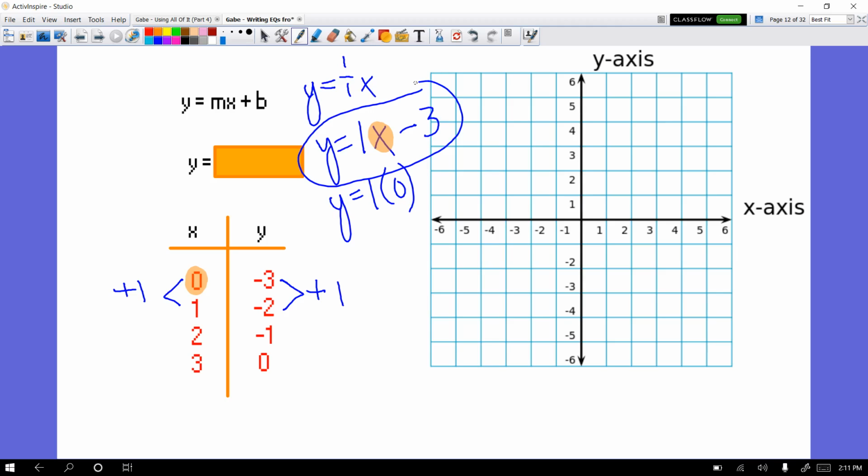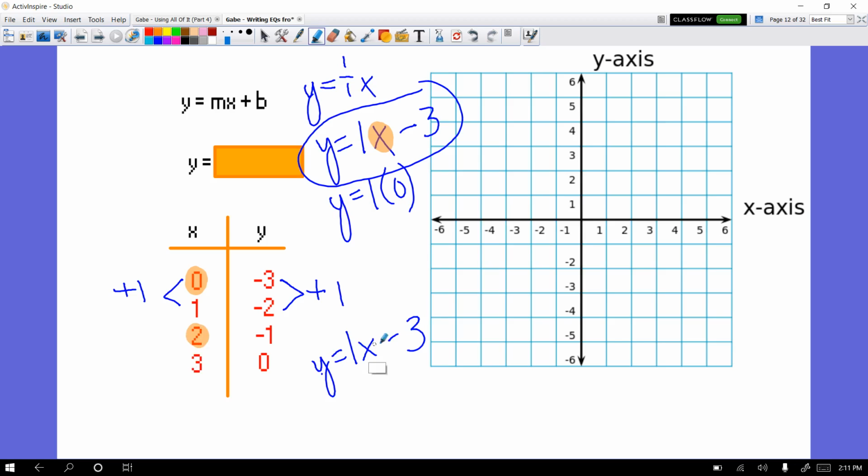That part's done. That's all we're doing today. That's it. I'm going to show you again using a different x value just to verify that this is the equation. Okay, so I'm going to use 2.